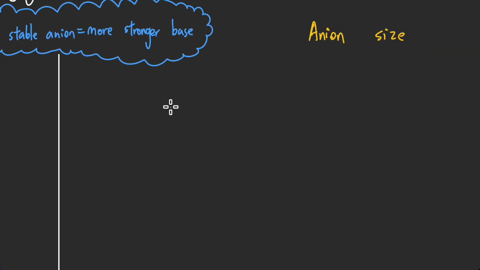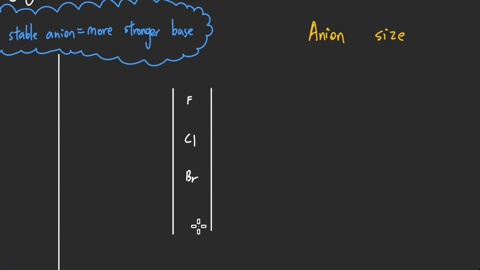So in terms of anion size, we have to look through the periodic table in the column. For example, fluorine, chlorine, bromine, and iodine. You know that the trend goes down.